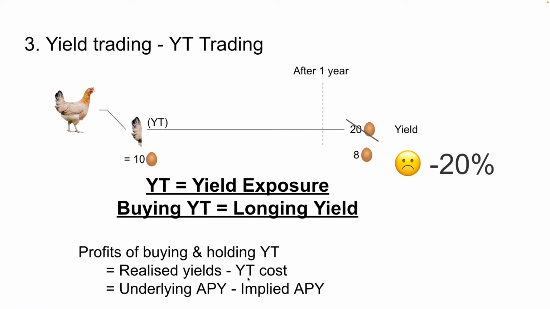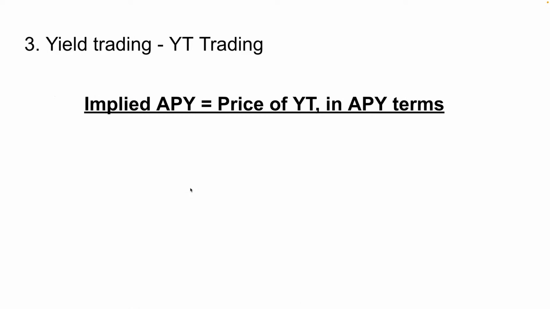And YT's cost can be measured by exactly implied APY, the number that we looked at in the market just now. And implied APY is, roughly speaking, the price of YT in APY terms. You can think of it that way. Implied APY is the price of YT in APY terms. And in other words, if you recall from the PT section just now, it's what people think is the fair average yield from now until maturity.